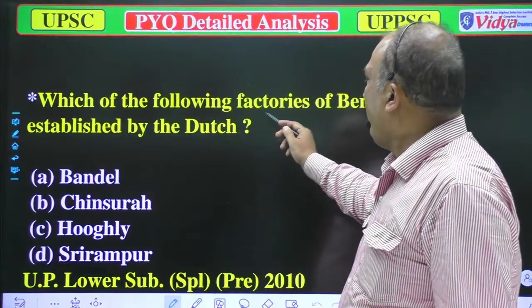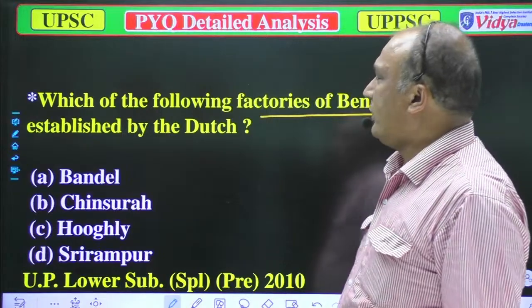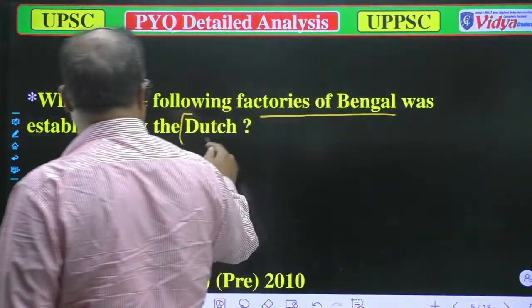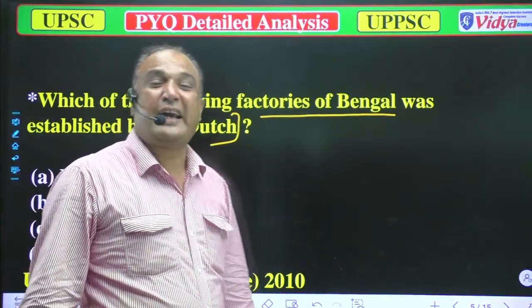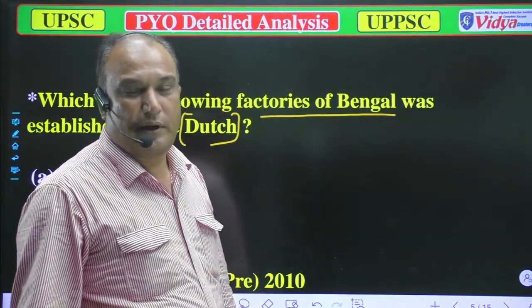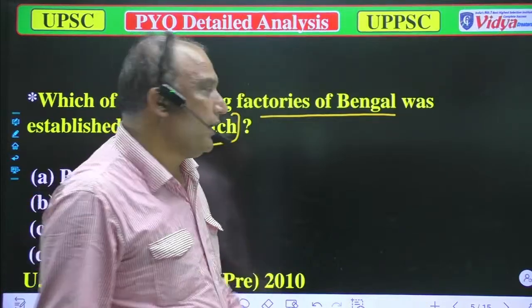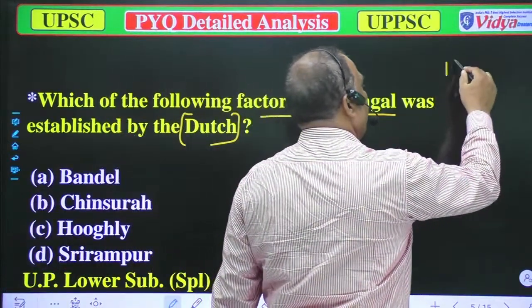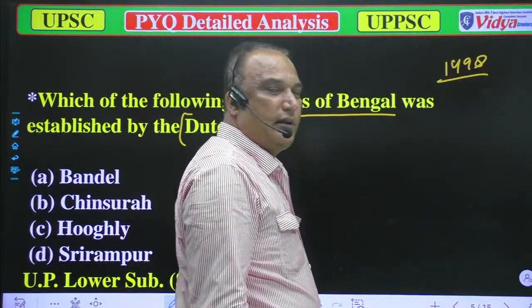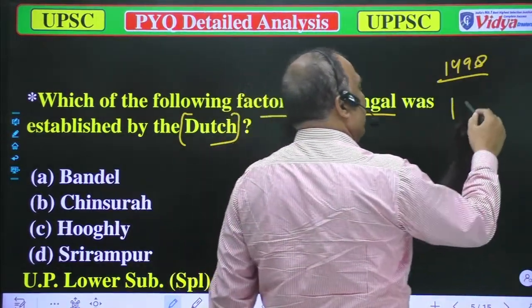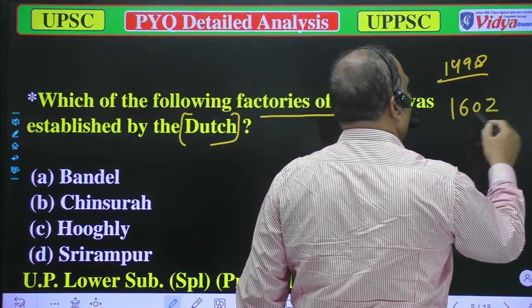Which of the following factories of Bengal was established by the Dutch? You know, the Dutch were great enemies of the Portuguese. The Portuguese came to India in 1498, but the Dutch came to India in 1602.